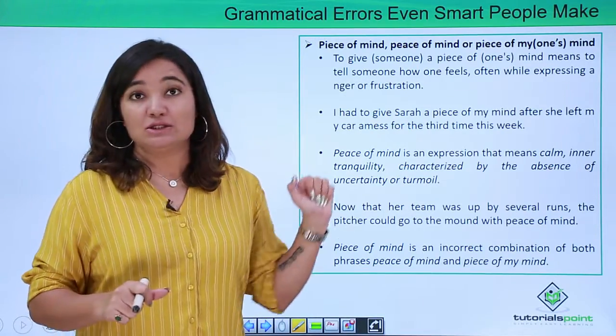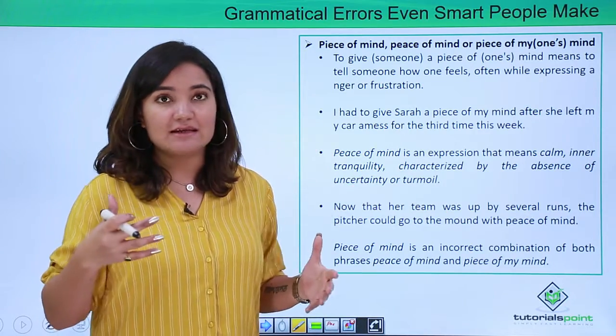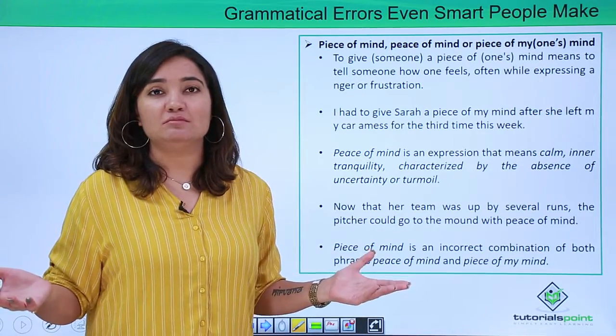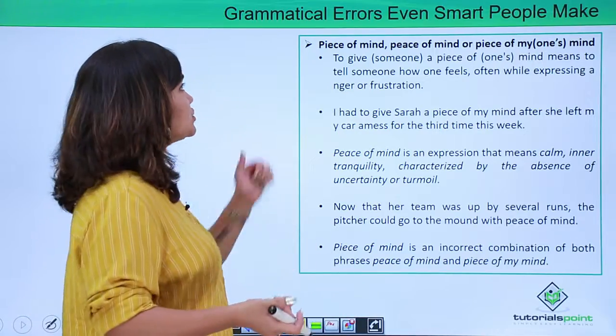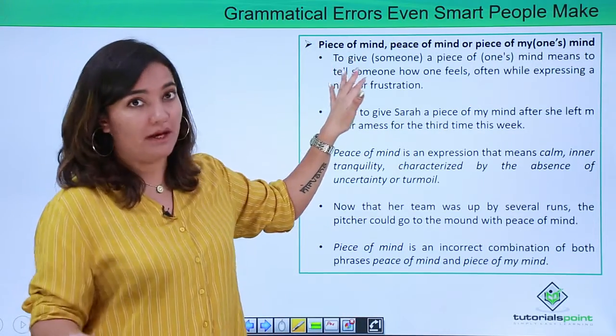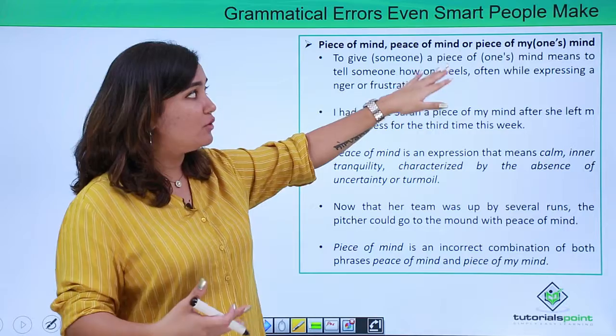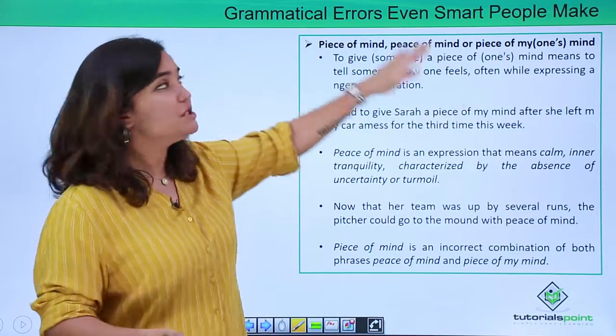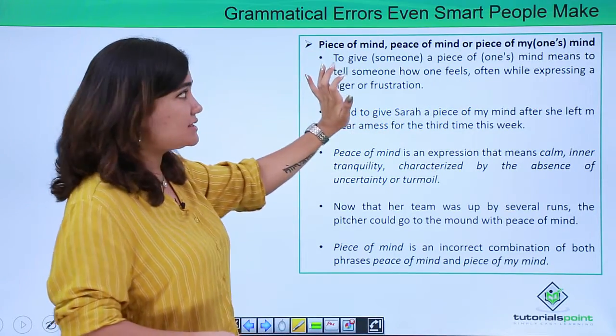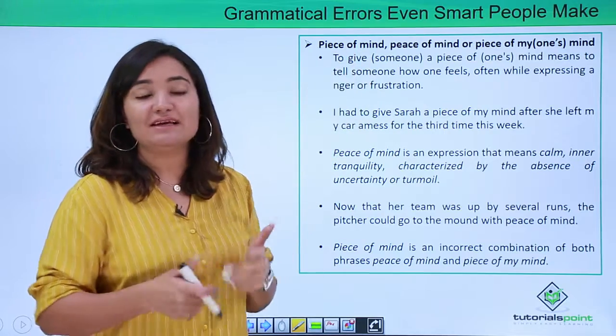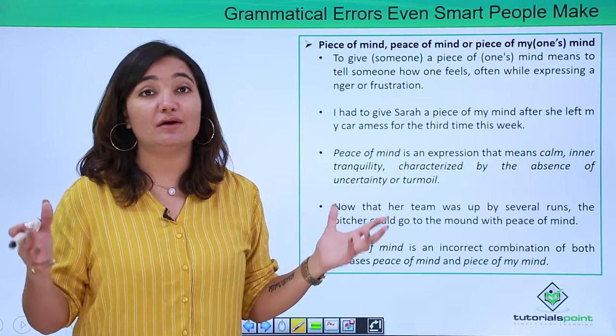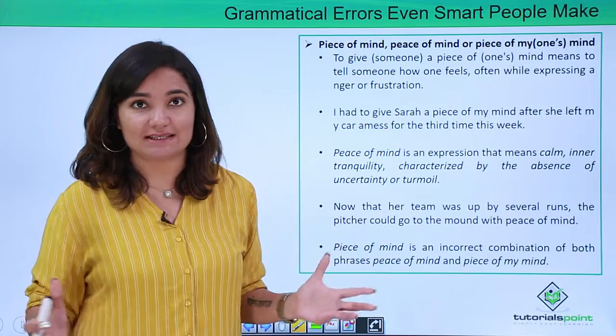Okay. So this again is a very, very commonly mistaken expression. So peace of mind or piece of my mind. Here if you observe piece and peace, the spellings are actually interchanged and they are used in the wrong sense, right?